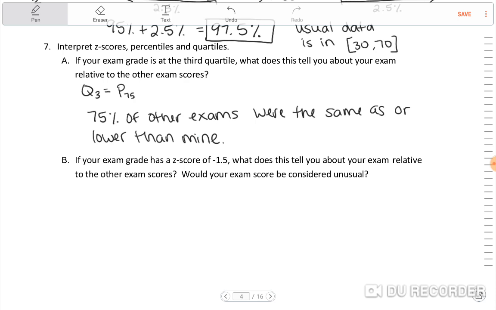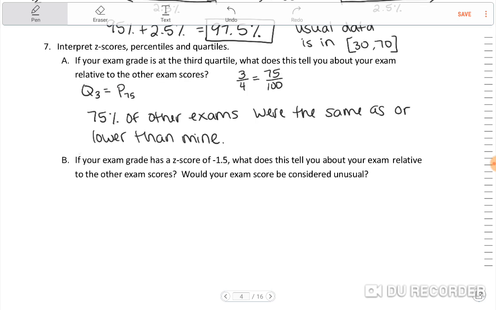So that's it, just the definition of percentile, converting quartile to percentile. I'm going to put a little side note here: 3/4 is equal to 75 hundredths. Quartile means fourths. Percentile means hundredths, right? So 4 quarters in a dollar, and 100% would be percentile.